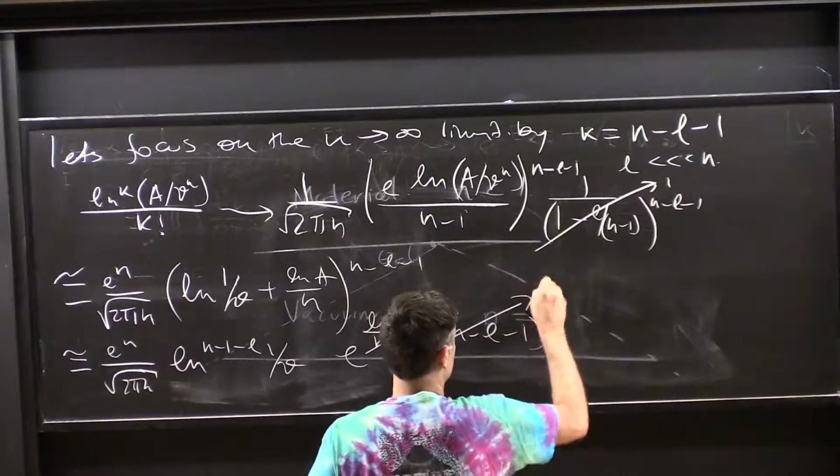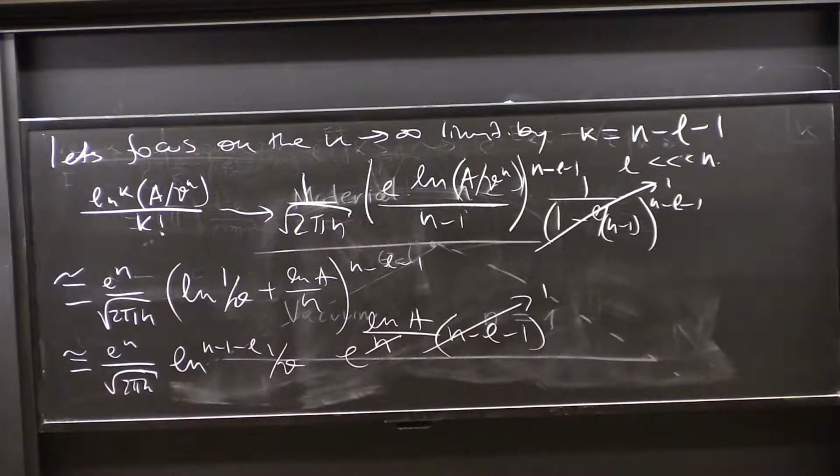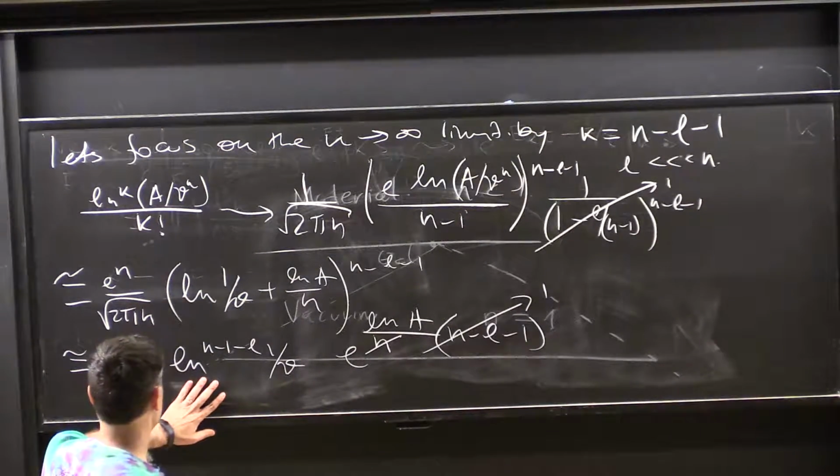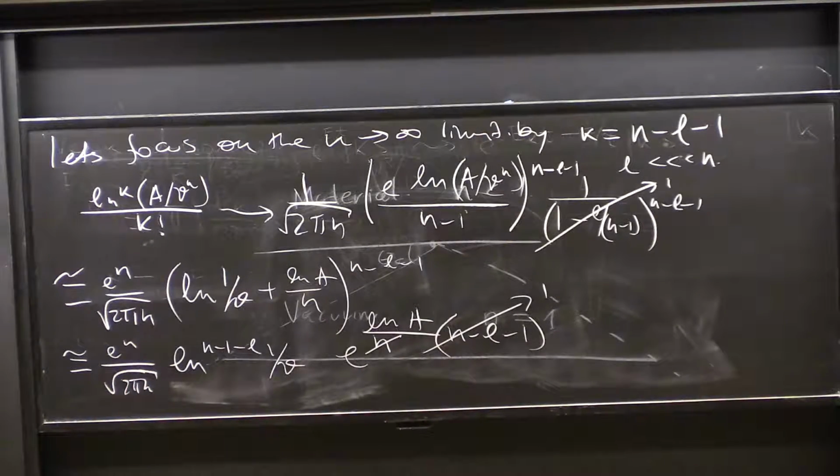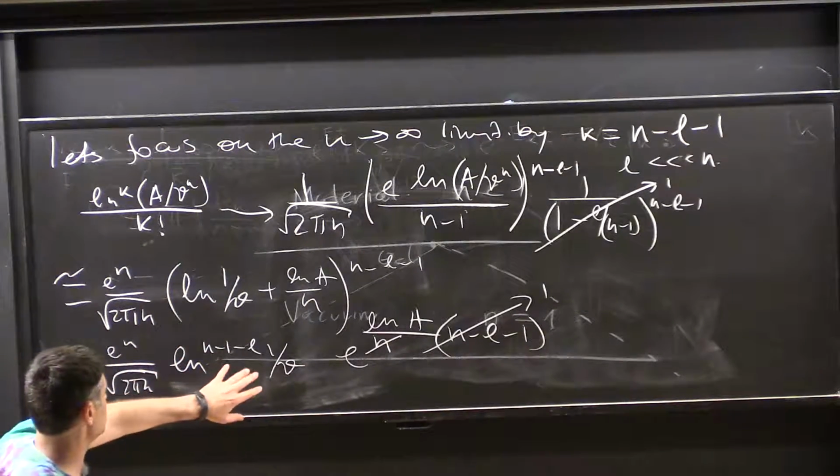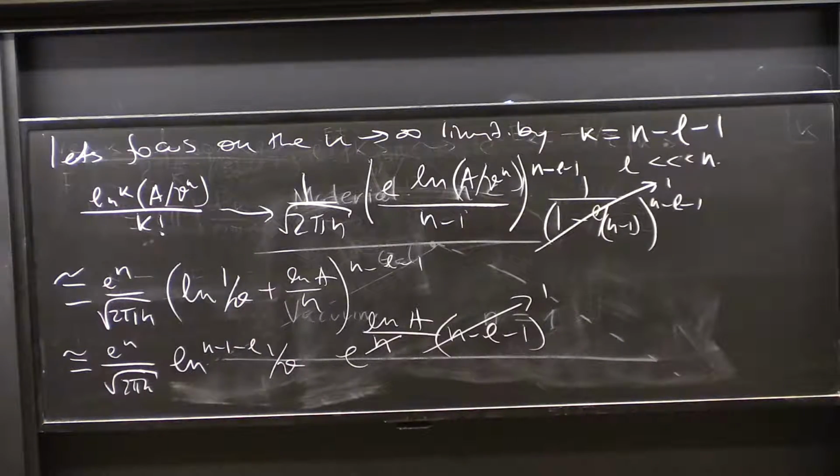Again, let's say that L is much, much less than 1. So that's great. Because now we've taken this beast with n dependence mixed in under the logarithm, and now everything has been factorized. We can do the sum upon L.